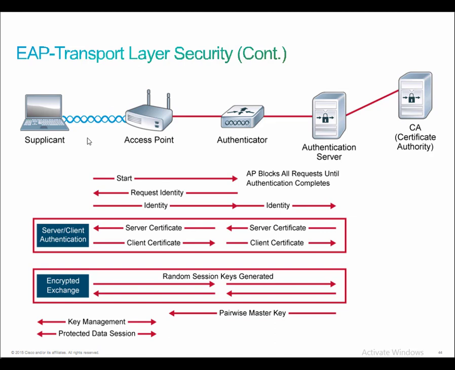The authentication server sends that master key to the AP if it's an autonomous access point, or to the controller if it's a lightweight access point. And then that's used to secure the connection. The encryption then occurs between the client and the AP, or the client and the controller.